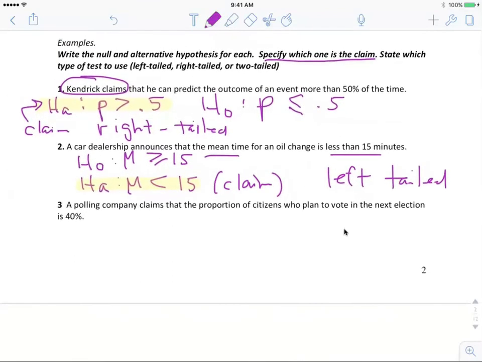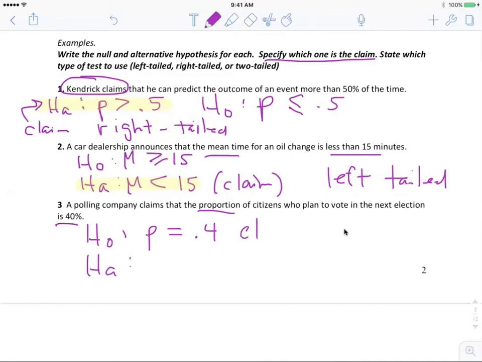One more try. A polling company claims that the proportion of citizens who plan to vote is 40%, equals 40%. So I got an H sub 0, H sub A. Here an equal is an H sub 0. Proportion is P. So my H sub 0 is P equals 0.4.